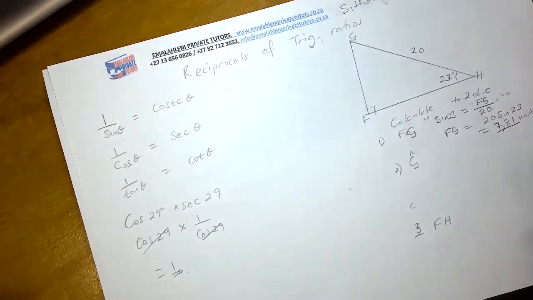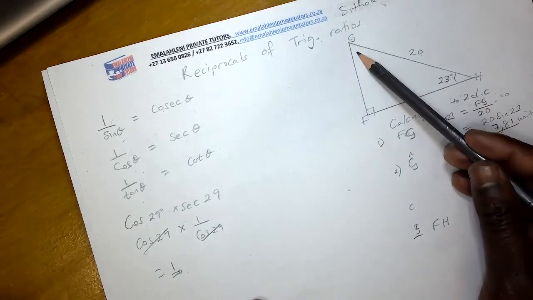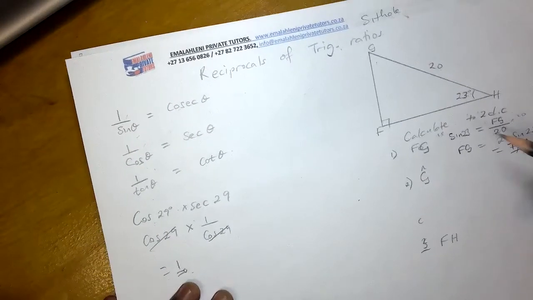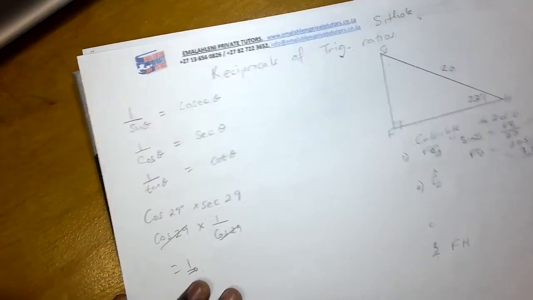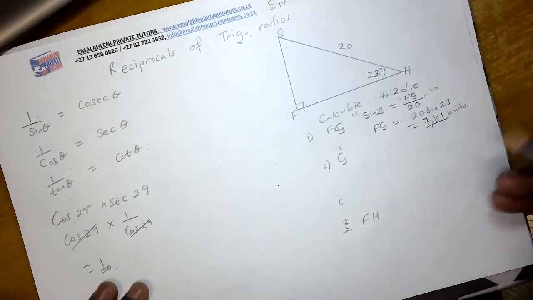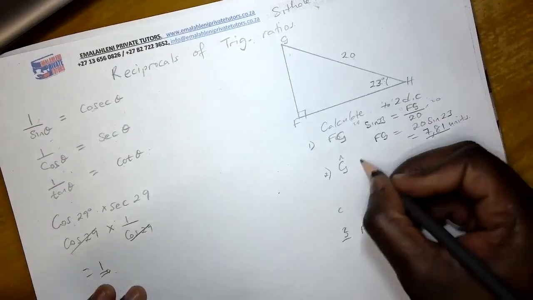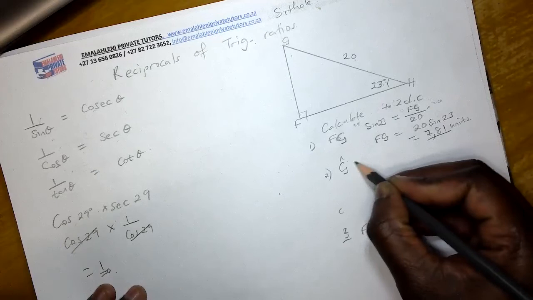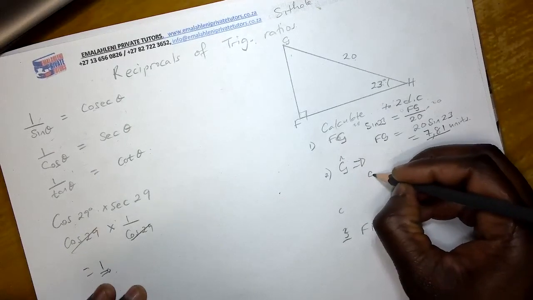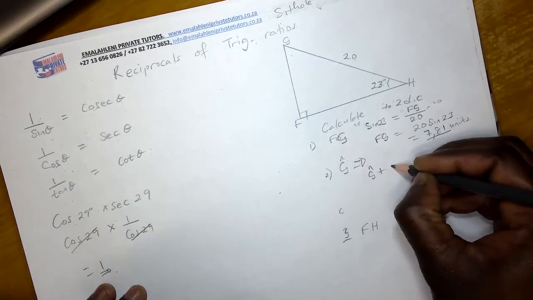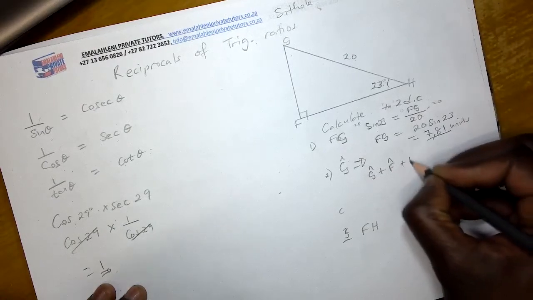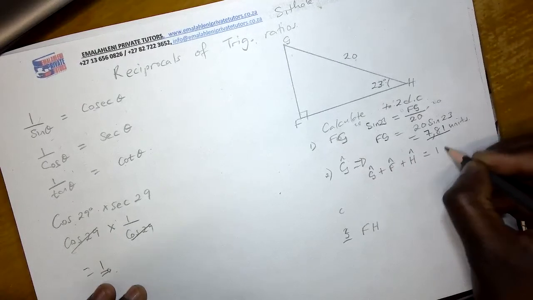What about G? We want to find the angle G. What do we know? We must know that the sum of interior angles of a triangle is 180. So we know that G plus F, the angle of F, plus H must give us 180.